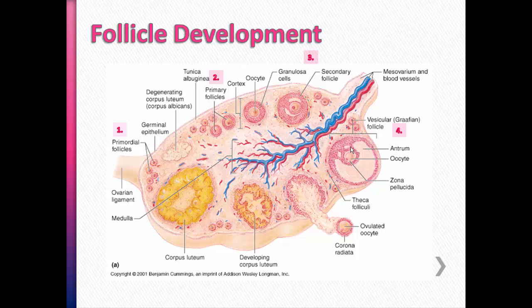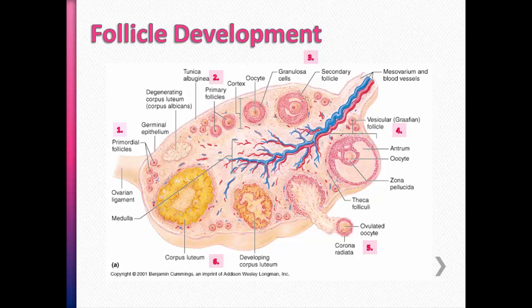It's arrested in the middle of meiosis 2 and waiting for ovulation. Once the cell ovulates, in the next step, the remaining follicle cells are referred to as the corpus luteum. The corpus luteum is in charge of secreting estrogen and progesterone to help maintain the uterine lining for pregnancy.